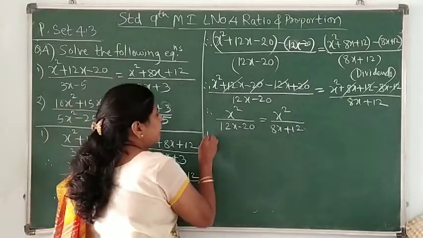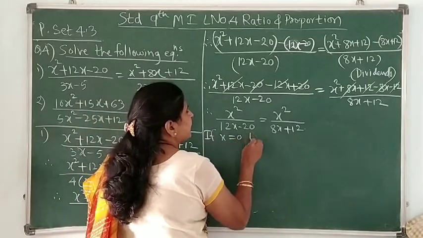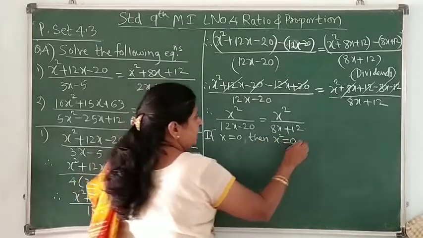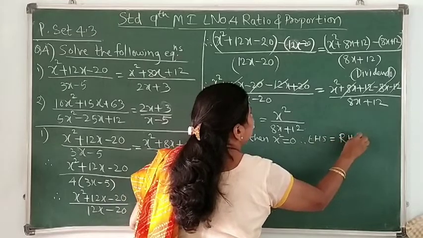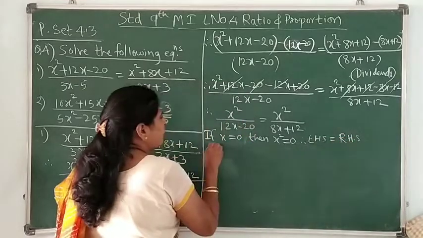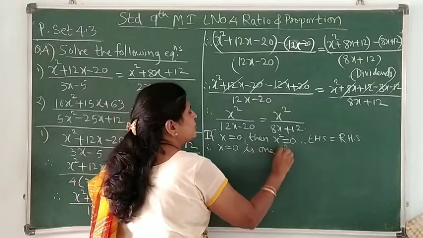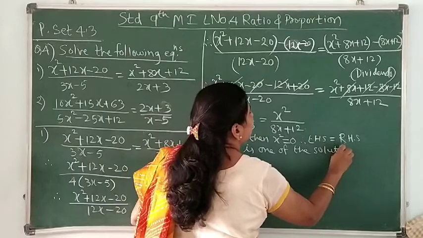So we can write here, if x is equal to 0, then x square is also equal to 0, and therefore LHS is equal to RHS. Therefore x equal to 0 is one of the solutions.